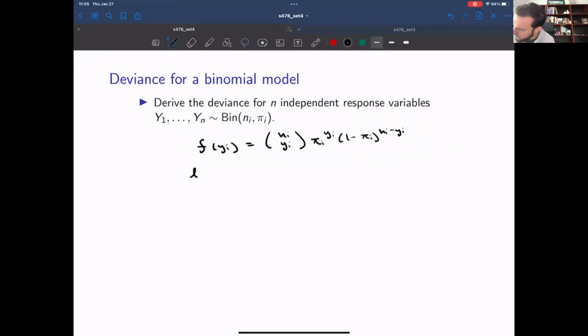Okay, so then the log likelihood function for beta given y is going to be equal to the log of the product from i equals 1 to n of f of y_i.